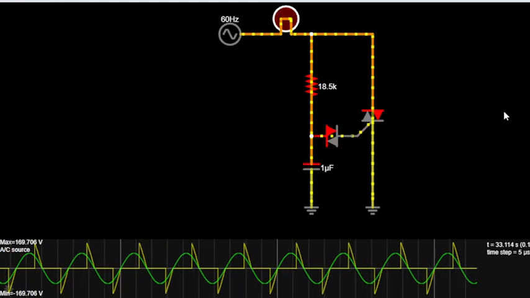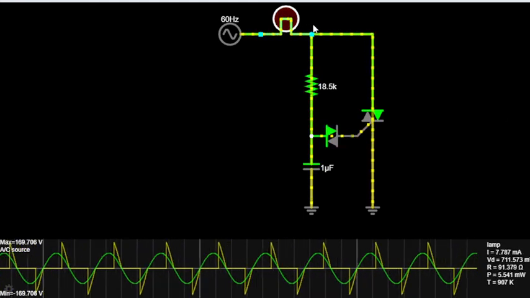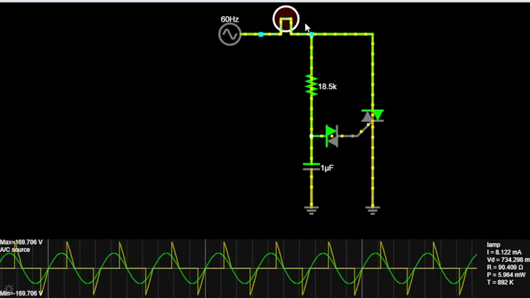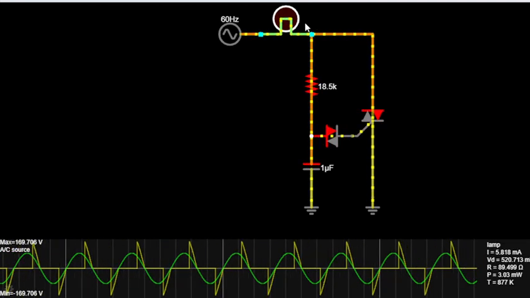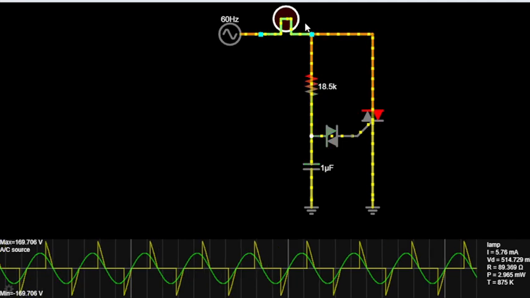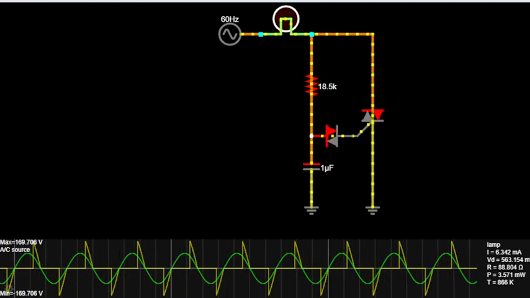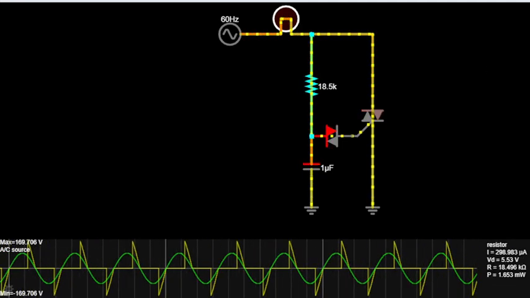As you can see here, the brightness of this energy source is becoming too red, so that it looks like black. It's all due to the phase control.